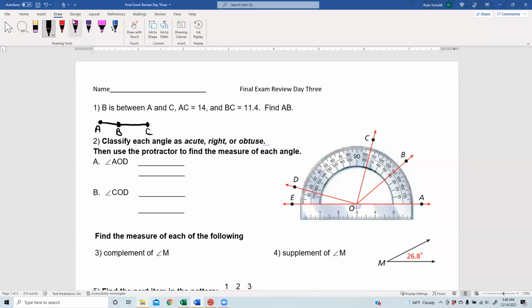It says AC is 14. BC is 11.4. We want to find AB.